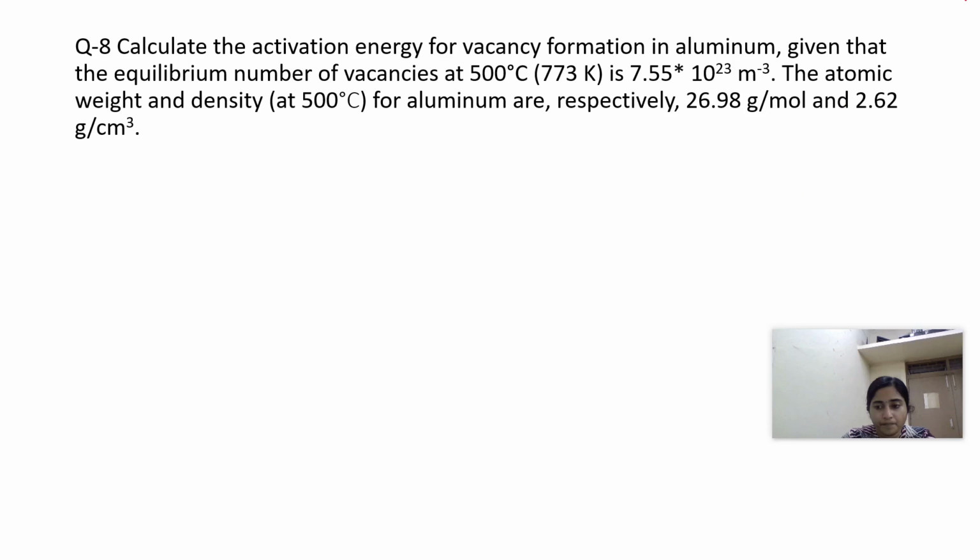So the formula will be Q is equal to KT log N_v divided by N. N is related to the density, Avogadro number and atomic weight. So N of Al is equal to rho of Al times Avogadro number divided by atomic mass of Al. Okay, substitute all the values, it's already given.